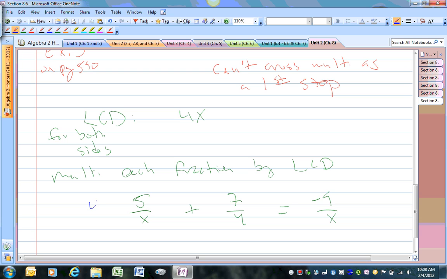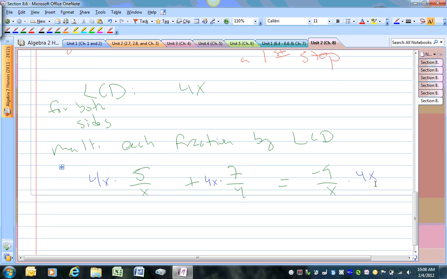I'm actually simply just going to do this: 4x times this, 4x times this, and 4x times this. What some students do is they multiply by 4 and 4, multiply by x and x, and then multiply by 4 and 4 here. That could work, but you're asking for trouble because it's a lot more work, and you're likely to make a careless mistake.